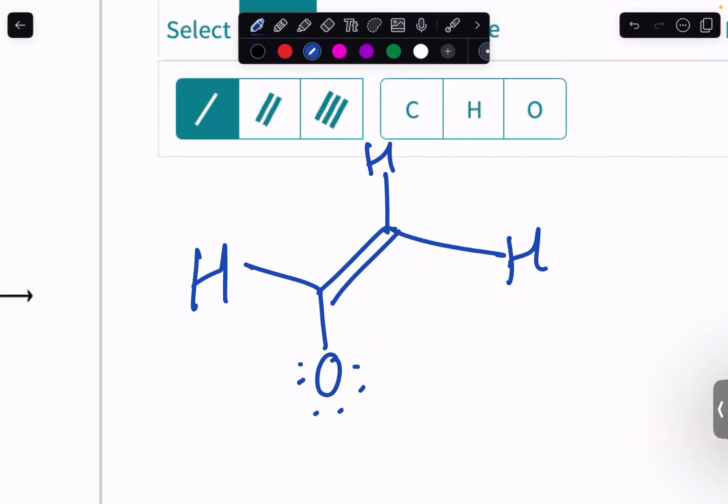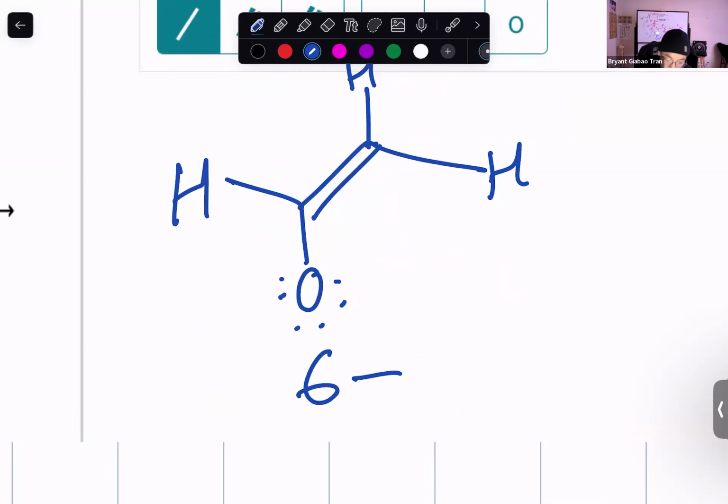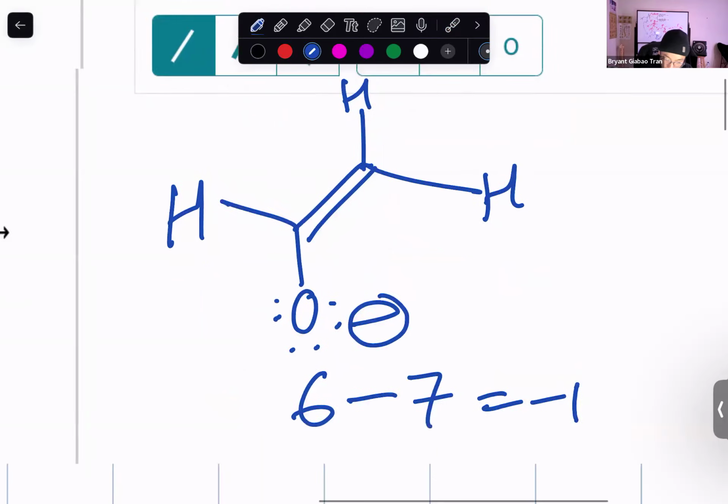Oxygen is 6 valence. -1. Yep, -1, because it has 7 electrons to itself. 1, 2, 3, 4, 5, 6, 7. 6 minus 7 is -1. So that oxygen will have a negative charge like that.